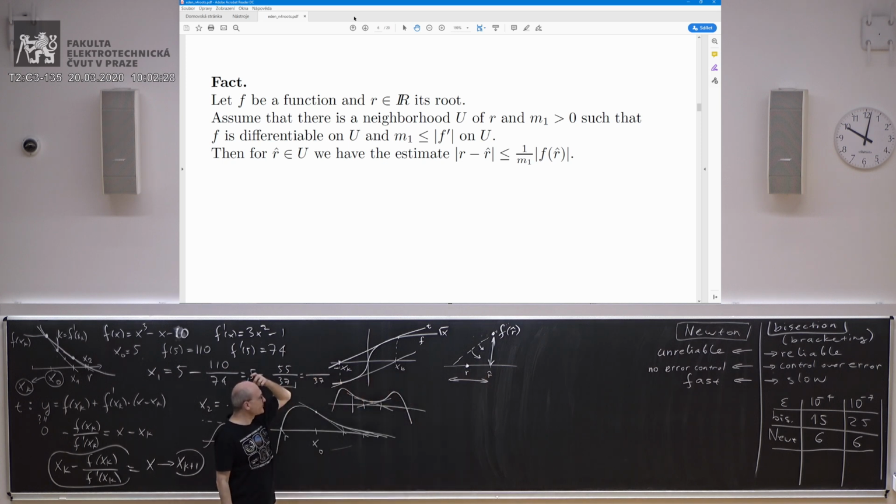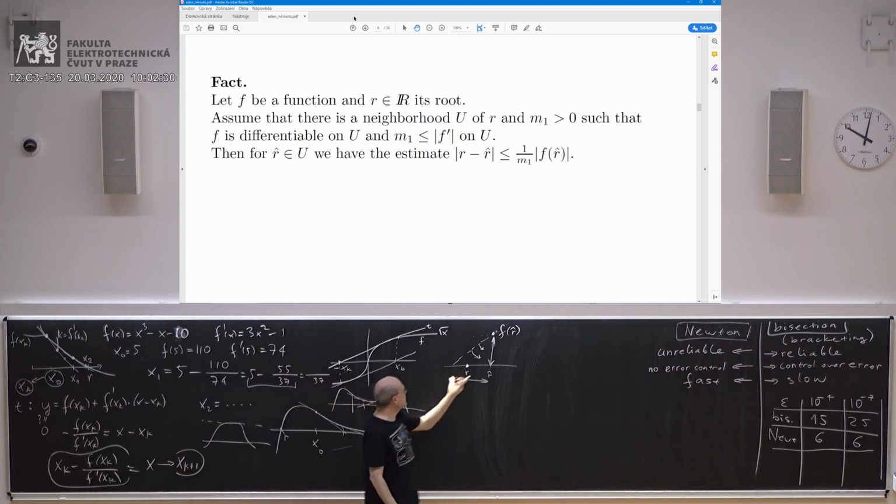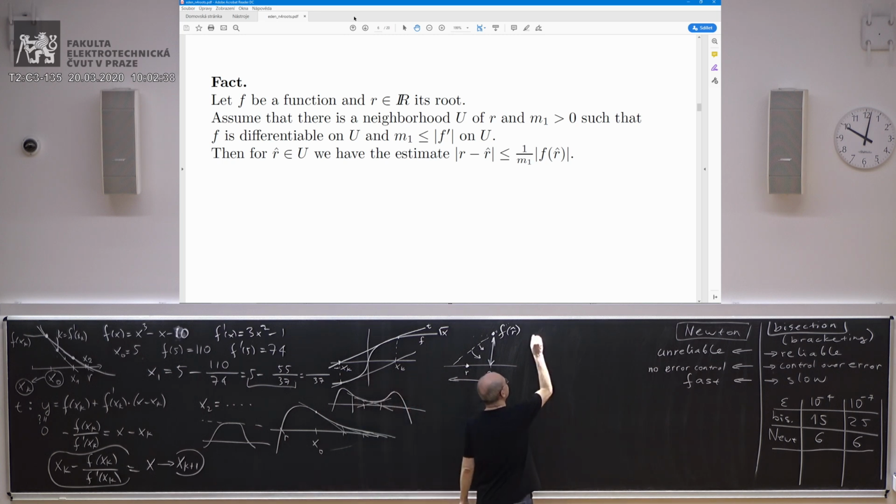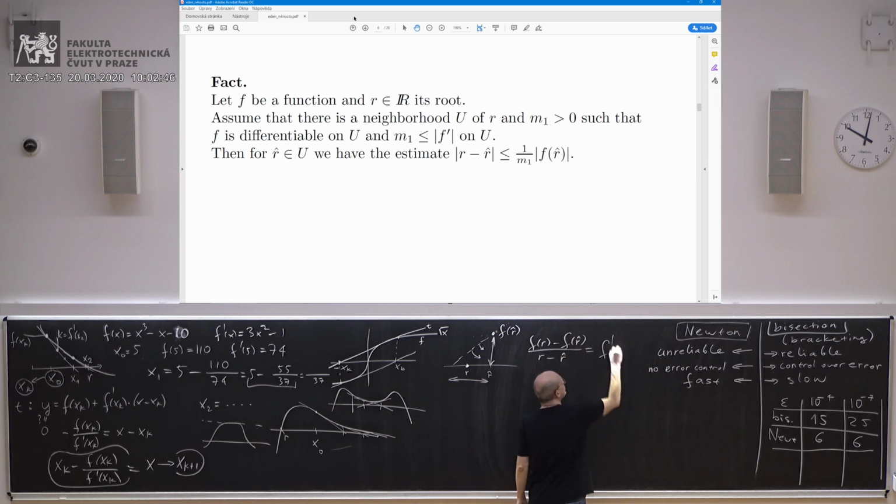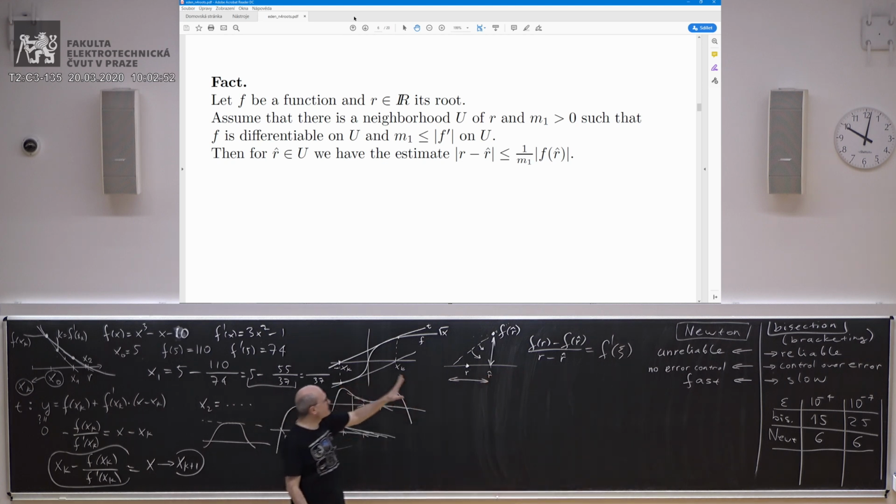Now, how do you prove it? The answer is very simple. You just apply the mean value theorem to this interval, r, r hat. Let's try it. Mean value theorem, how does it go? Like that. f(r) minus f(r hat) divided by r minus r hat is the derivative at some mysterious point psi. Now we are going to apply absolute value.